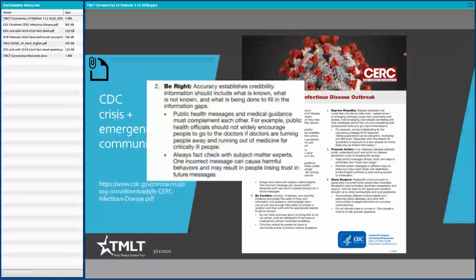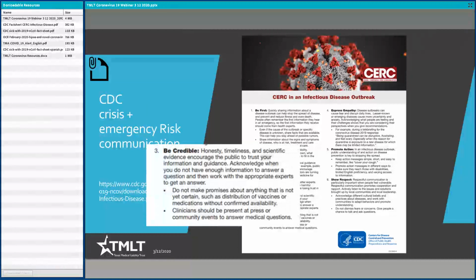Second, be right. Accurately establish credibility. Information should include what is known, what is not known, and what is being done to fill in the information gaps. Number 3 is be credible. Honesty, timeliness, and scientific evidence encourage the public to trust your information and guidance.